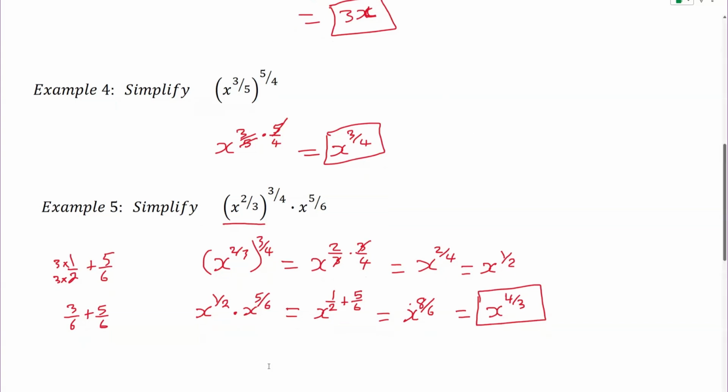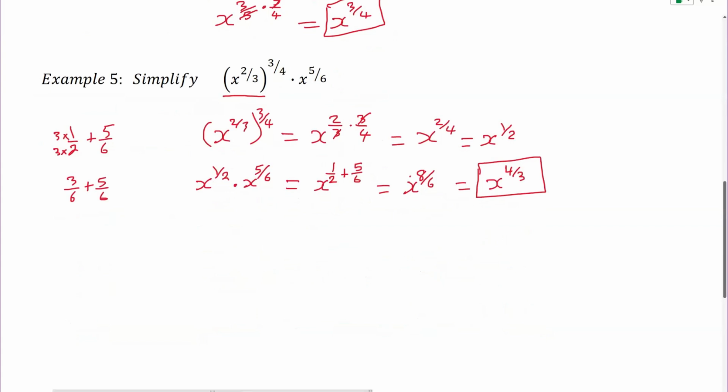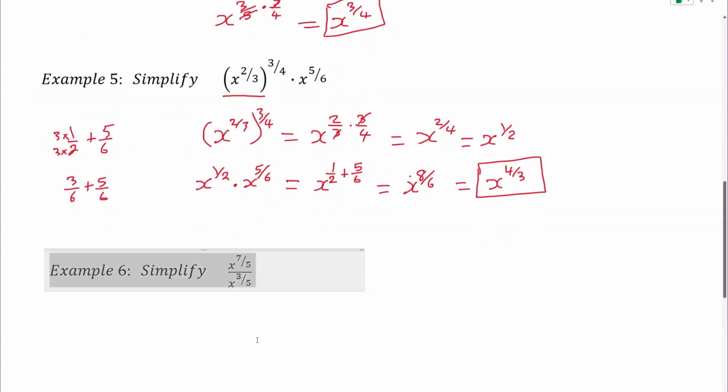All right. So below, we have one more. And here, we want to simplify x to the 7/5 divided by x to the 3/5. So here we're dividing, the bases are the same. So what we're going to do, subtract the powers.